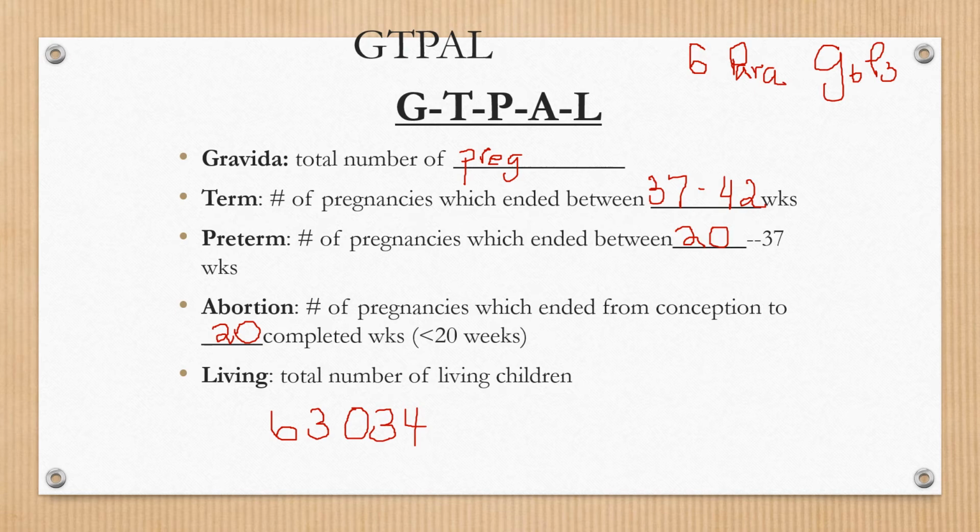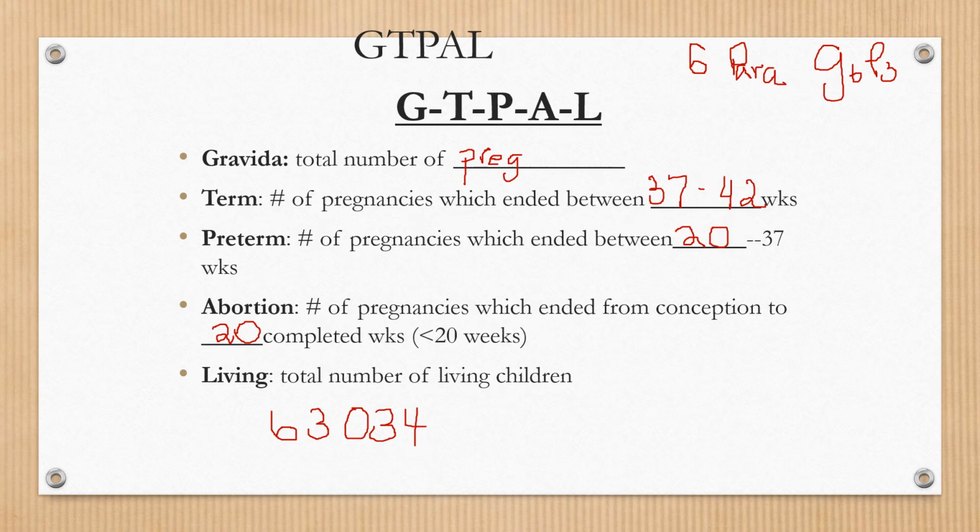Well, because when we talk about gravid, we're talking about the number of pregnancies, regardless of the number of fetuses inside. When we talk about deliveries, we talk about a single event, not the number of fetuses or babies inside.